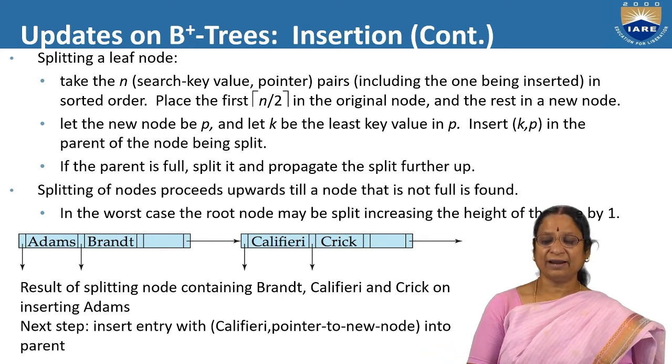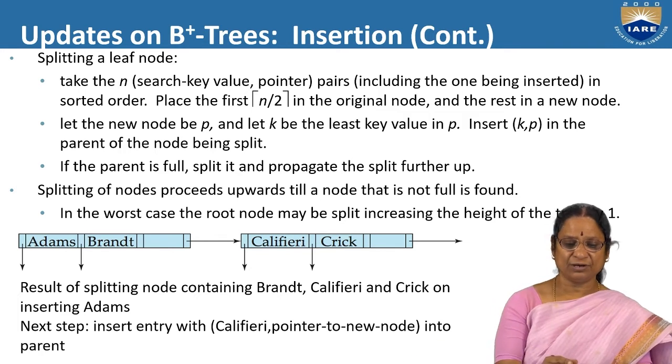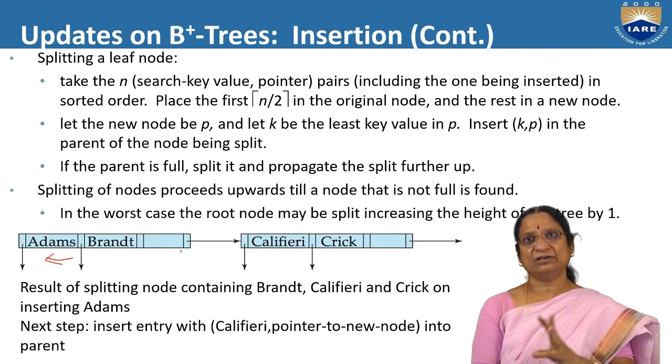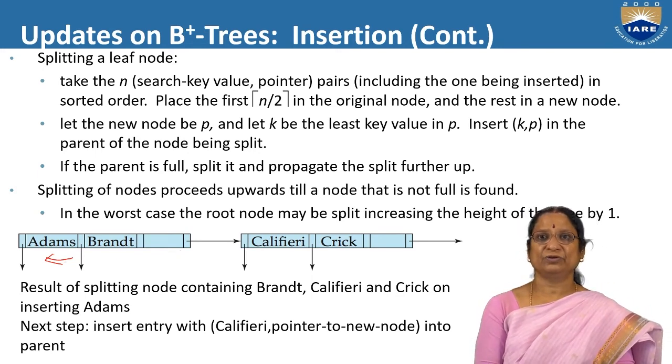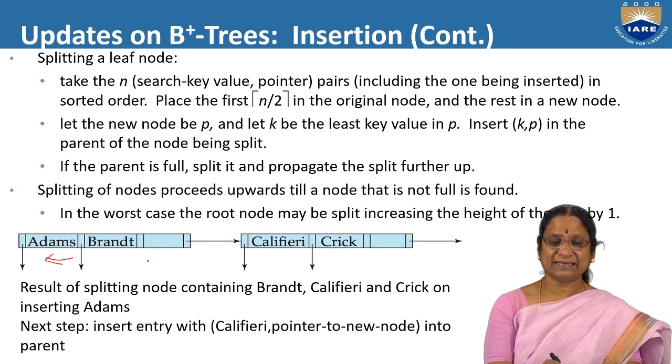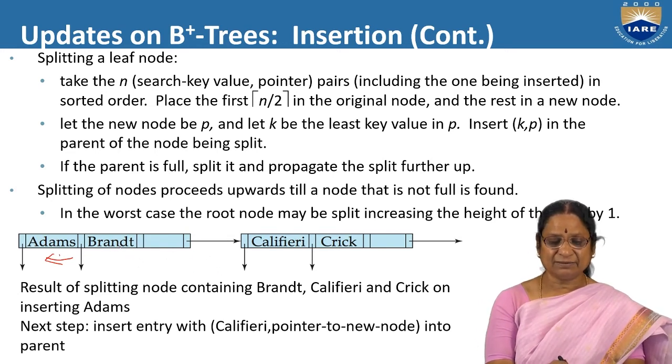If I would like to add Adams, it must be added before Bandit. There is no space. I cannot move these three values, so I am splitting. While splitting, if it is a leaf node splitting, Adams and Bandit will be in the first node and Calipari and Crick will be in the second.